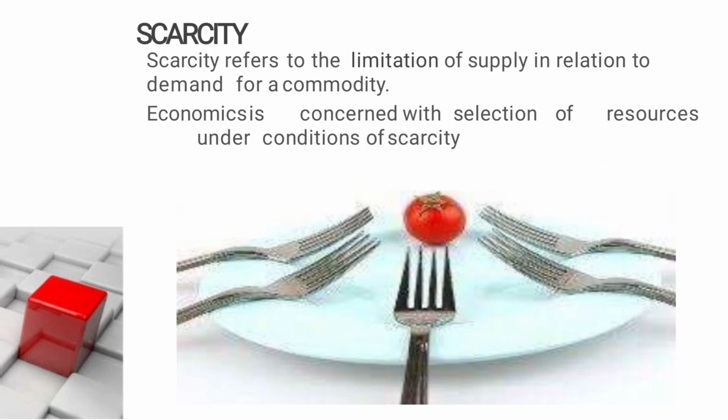What is scarcity? Scarcity means that according to the demand we cannot supply, because there is a shortfall of the resources. So scarcity refers to limitation of supply, but there is a great demand for the commodity.